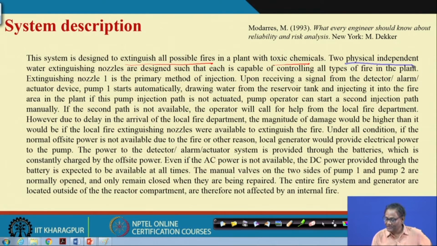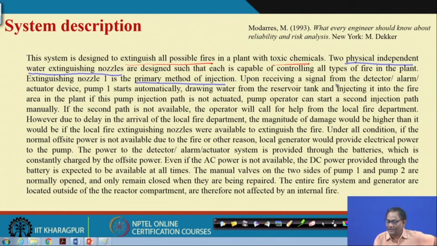Two physical independent water extinguishing nozzles are designed such that each one is capable of controlling all types of fire in the plant. Nozzle 1 is capable of extinguishing the fire, nozzle 2 is also able to extinguish. Nozzle 1 is the primary method of injection. So whenever there is a fire situation, nozzle 1 will work primarily.